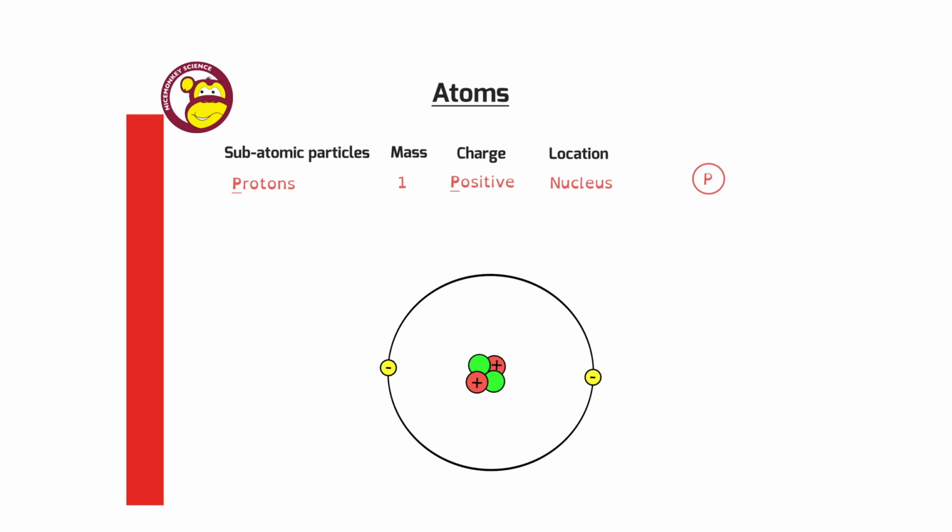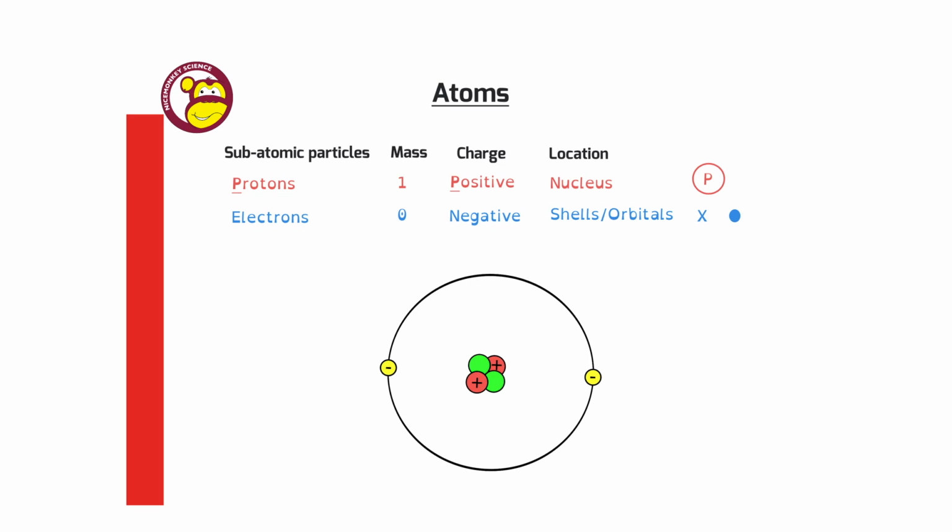And they have a mass, we just say of 1, no unit, and they are found in the nucleus. So I suspect you can probably guess that the red particles down here with the plus sign are the protons. They might also be represented by a circle with a P in.